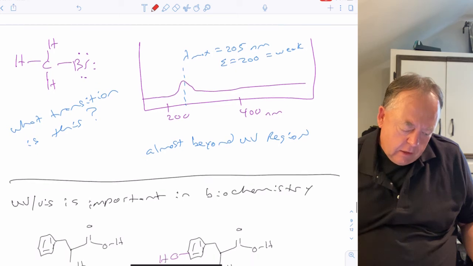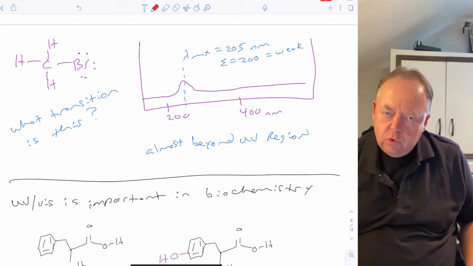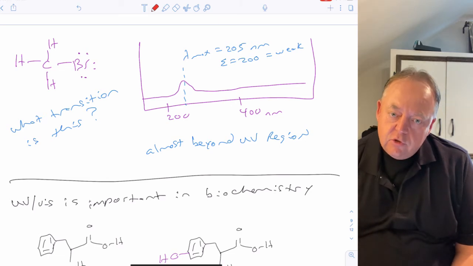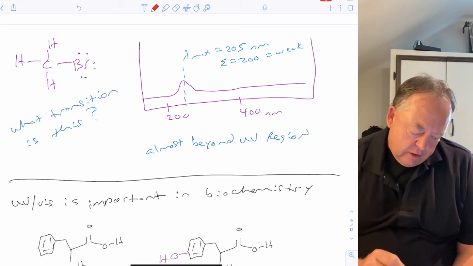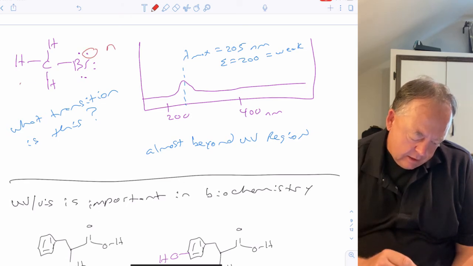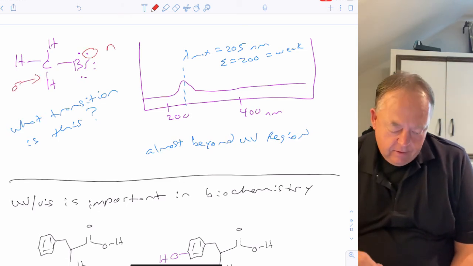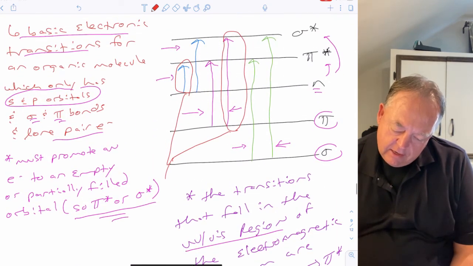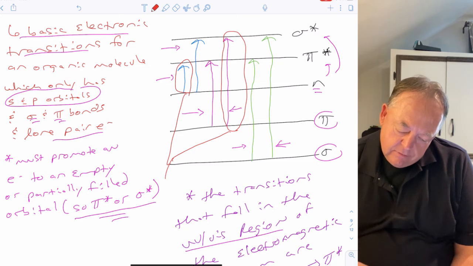Okay, so if we have this molecule, and you see an absorption in the UV Vis region, what's the transition? Well, the only thing you have are non-bonded electrons, N, and sigma electrons. The one that's going to require less energy is the N to sigma star.